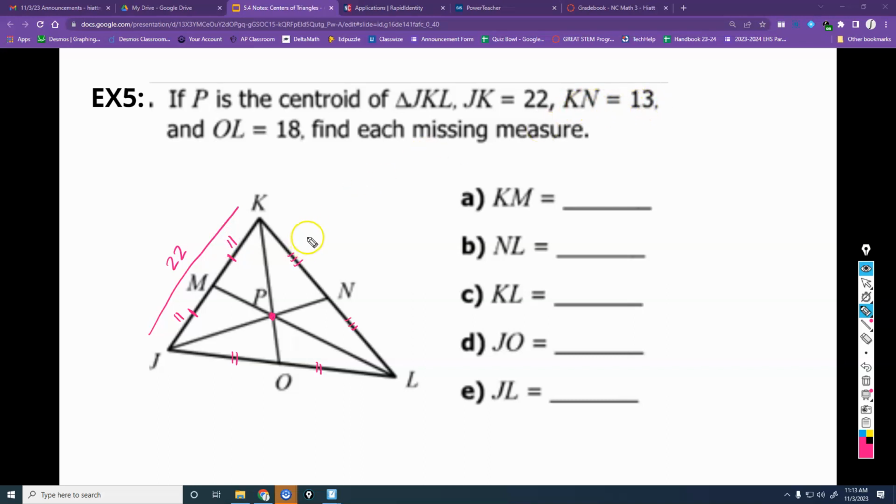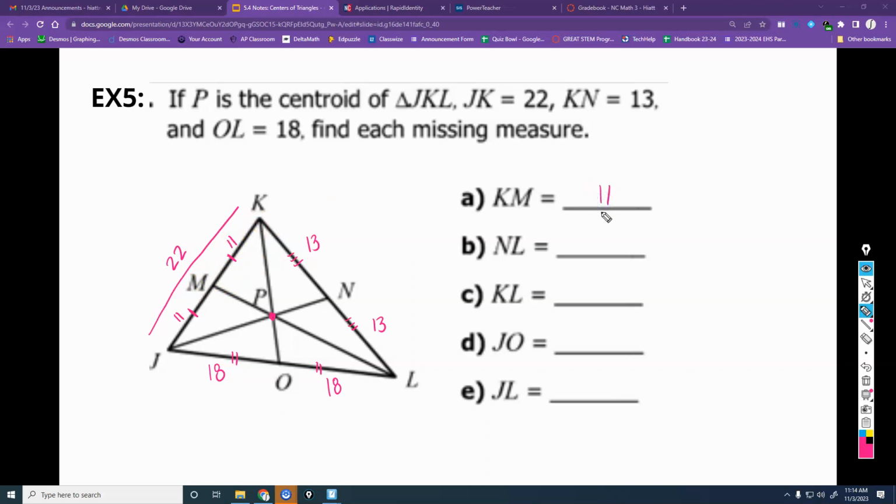KN is 13, so this right here is 13. That means NL would also be 13. OL is 18, which means JO would also be 18. So for a lot of these that it's going to ask us, they're going to be very simple to find. KM is 11.